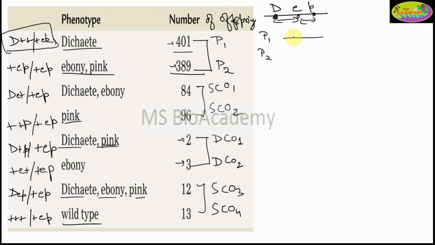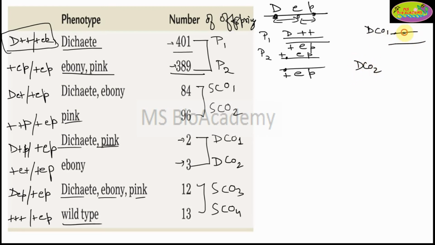The parental form P1 genotype is D plus plus, and plus E P. And again P2 form is plus E P, and this one is plus E P again. And I'm going to take the double crossovers also. So double crossover 1 and double crossover 2 also I'm going to take.